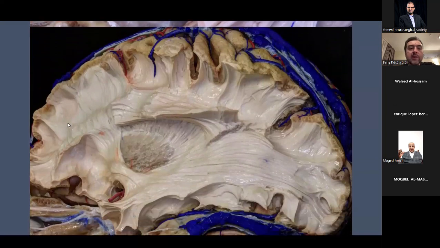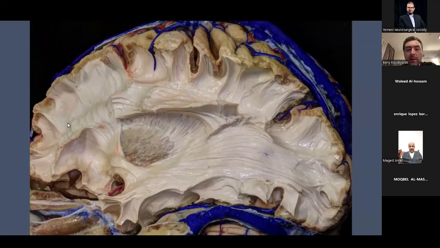So let's look at the same specimen, but from a little bit farther away.